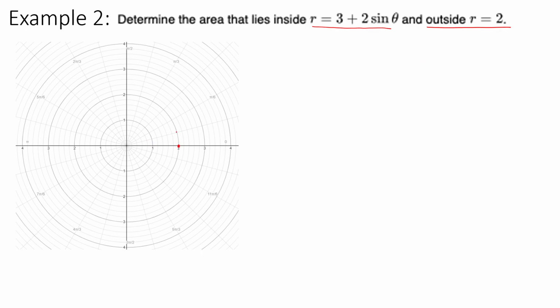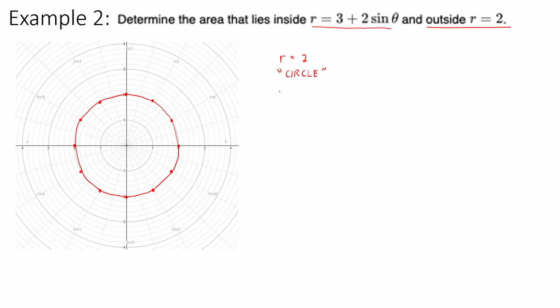So puro siya 2. Okay, so you can write here r equals 2. Then circle, diba? You generated a circle for this equation.